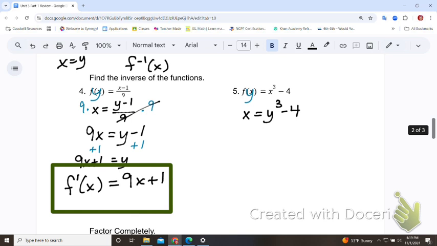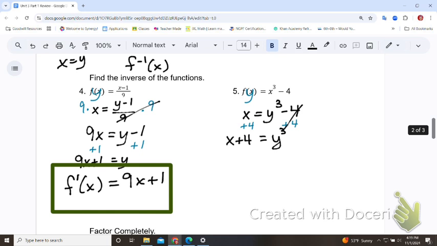So order of operations, adding and subtracting are last unless they're part of a fraction like what we had before. And so here, that's going to be the first thing. We're going to get rid of the 4 first. So we're going to add 4 to both sides, getting rid of that -4. So x plus 4 is equal to y cubed.